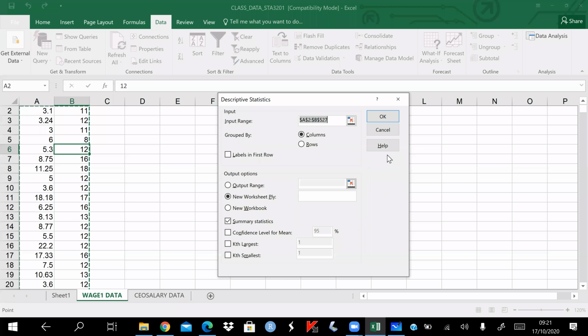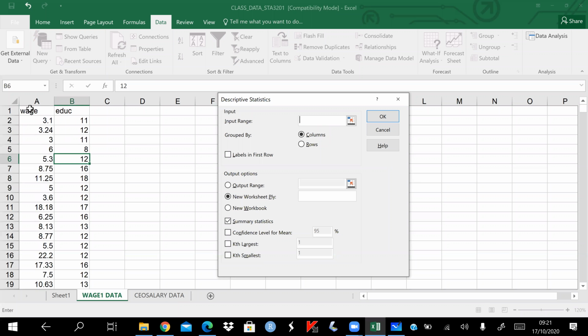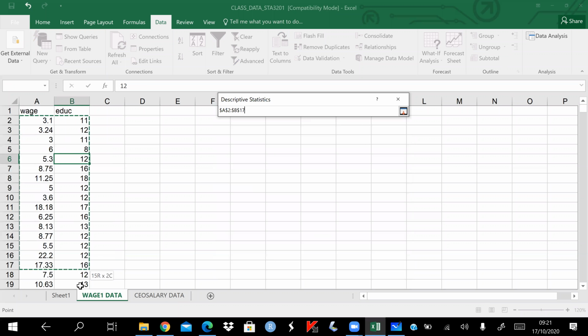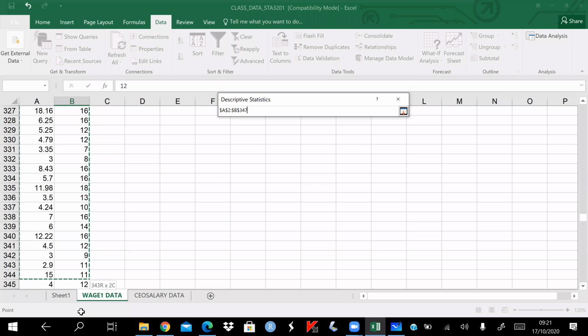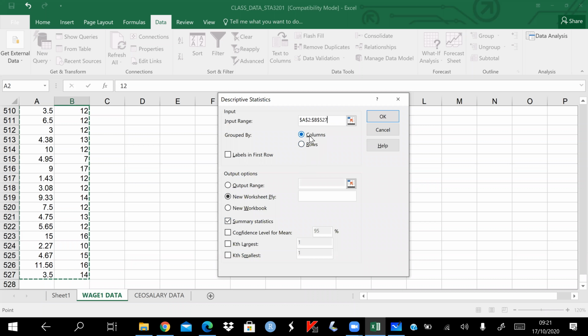So we want descriptive statistics of the 2 columns of my data. I'm going to select the 2 columns. Then they are grouped by columns, so I don't change anything there.